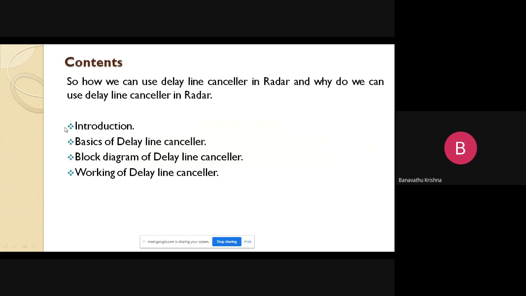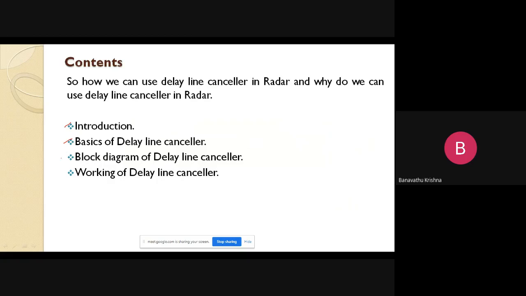The first thing is the introduction. What is the delay line canceller, what are the types of the delay line canceller, how it is going to work. Then the basics of the delay line canceller: where it can be used, how it can perform, what is the necessity of the delay line canceller.